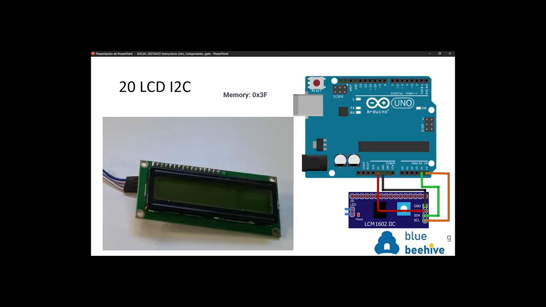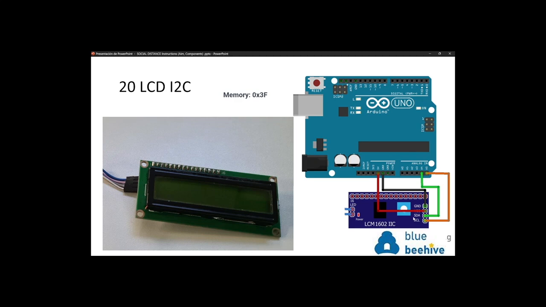The LCD, we need to take care with that, because an LCD with an I2C port means a simple way to connect with Arduino. If we don't use the I2C board connected with the LCD, we will need like 9 or 10 wire connections with the Arduino. So if you try to develop this social distance element, you should use the LCD plus the I2C board.